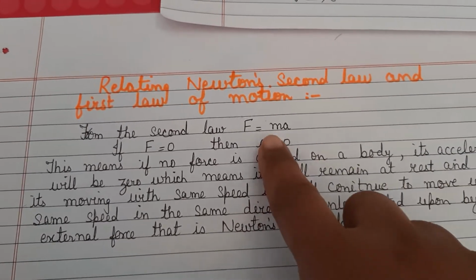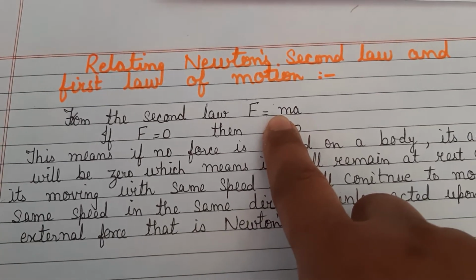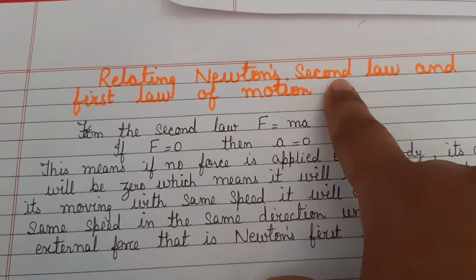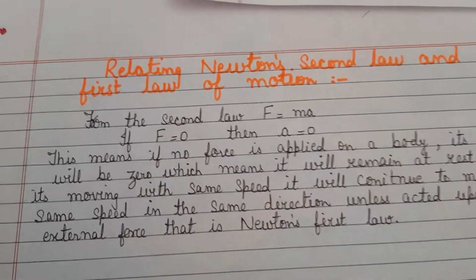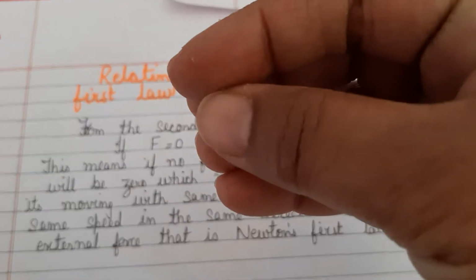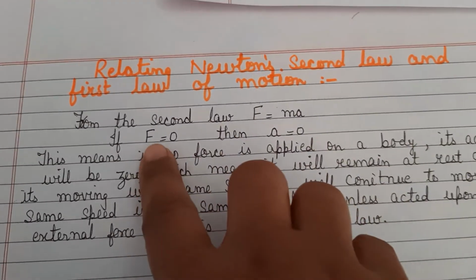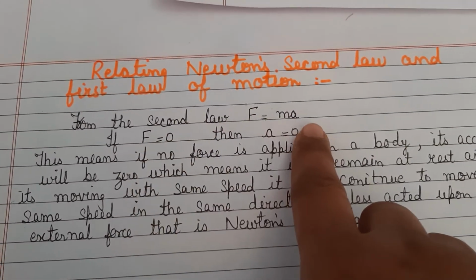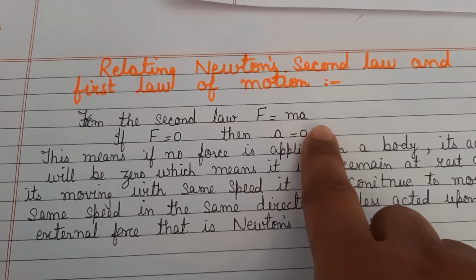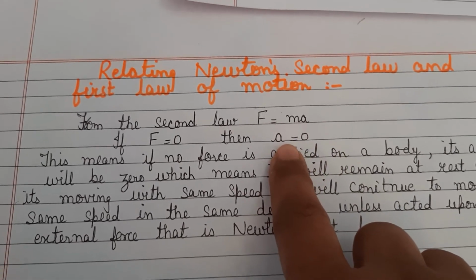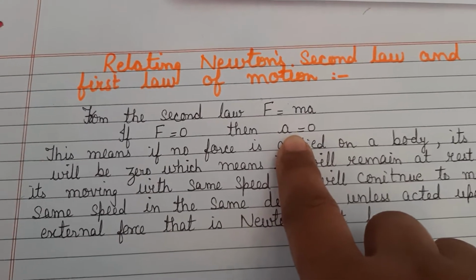Yes, and if you remember, I derived the formula F is equal to ma for Newton's second law. Now, if F is equal to ma is taken and I say that the force applied on the body is 0. Now, when the force applied is 0, naturally the body will not move. And if it is not going to move, there will be no change in velocity. And when there is no change in velocity, the acceleration will also be 0. Right?